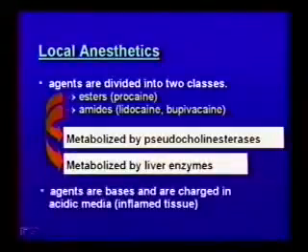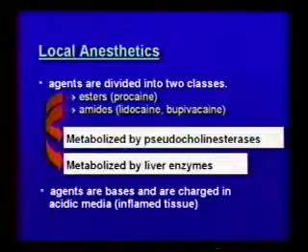The reason for knowing these classifications, and which agents belong to them, is that the ester anesthetics and the amide anesthetics are eliminated by different mechanisms in the animal's body. The ester anesthetics are broken down by plasma cholinesterases or pseudocholinesterases, and these enzymes are very commonly inhibited by other classes of drugs which are targeted toward the acetylcholinesterase enzyme.